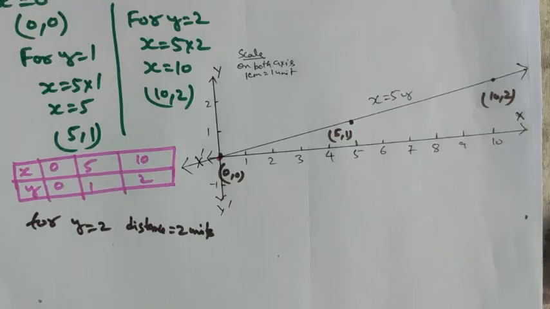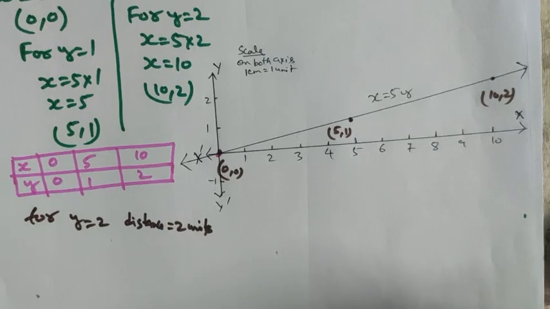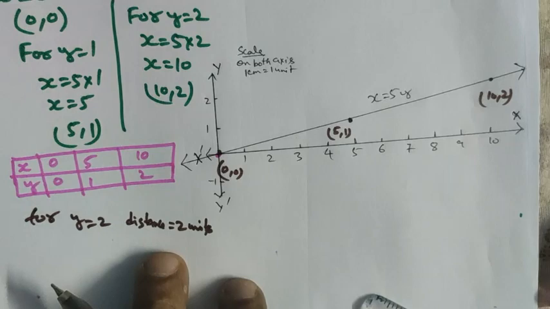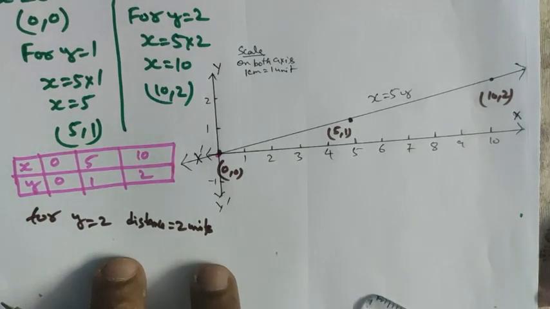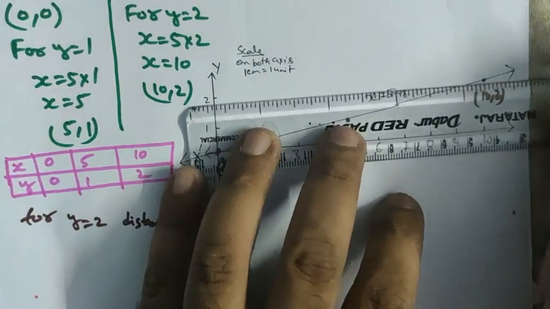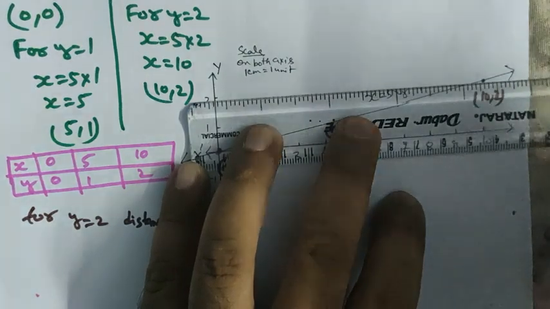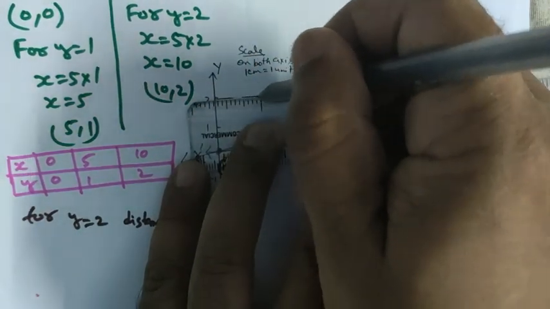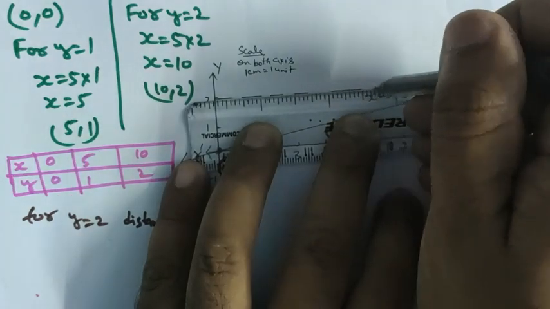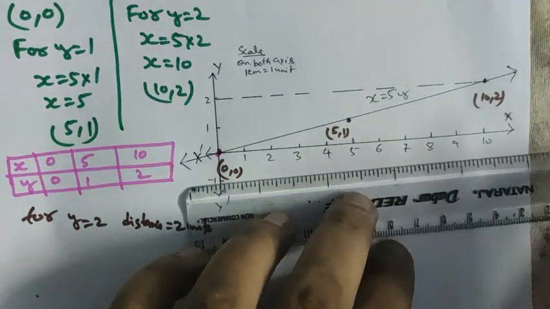In the next part we have to calculate the work done for distance 2 units. Since we have taken distance as y, for y equal to 2 we have to calculate the value of x. You can see that we have already calculated this, but again I am showing you that for y equal to 2, the corresponding value is intersecting at this point.